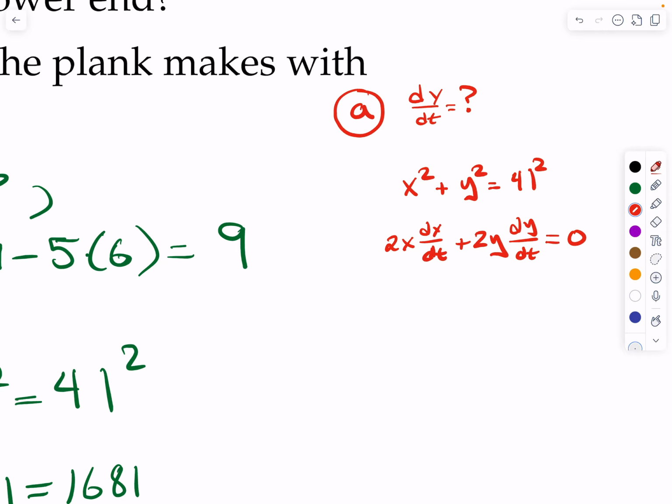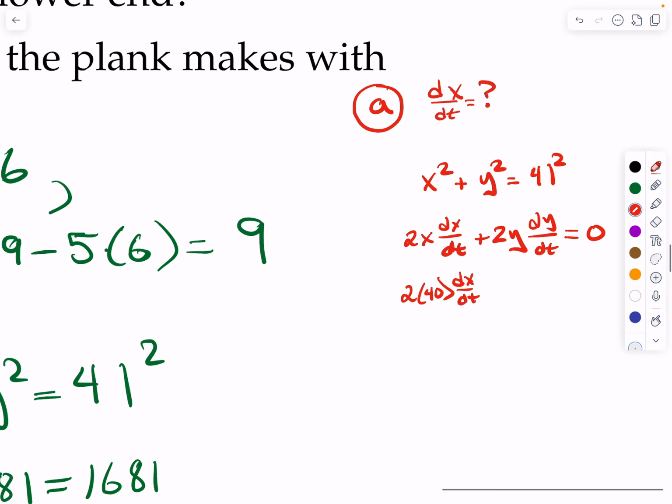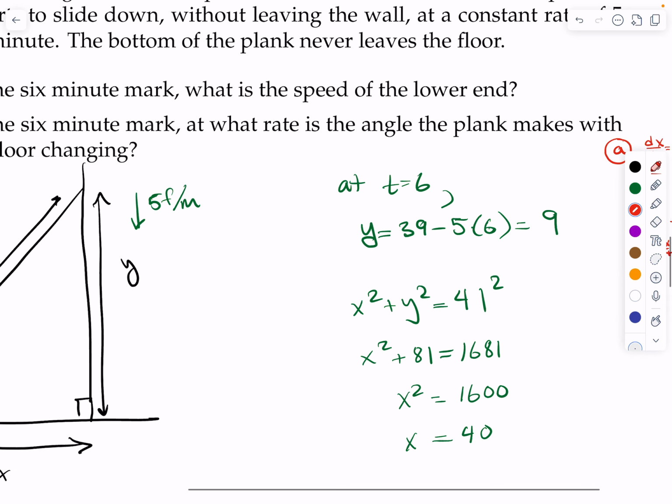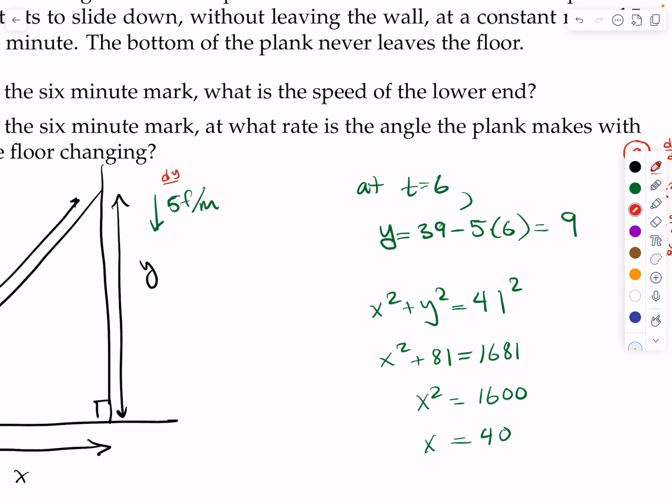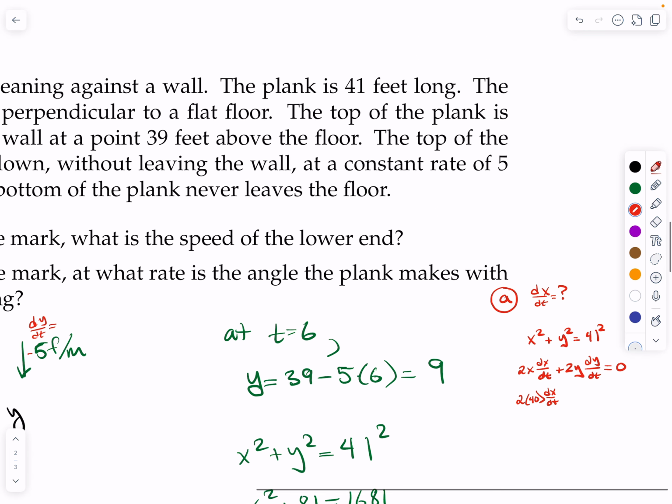Now let's plug in what we know. 2 times 40 times dx over dt. It's dx over dt that we don't know because we know what dy over dt is: -5 feet per minute.